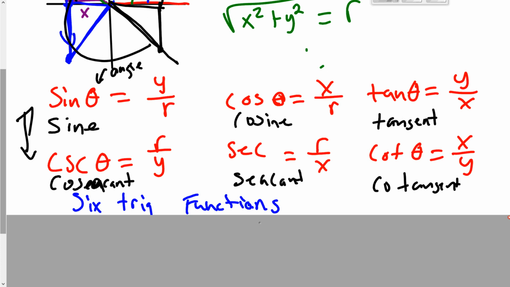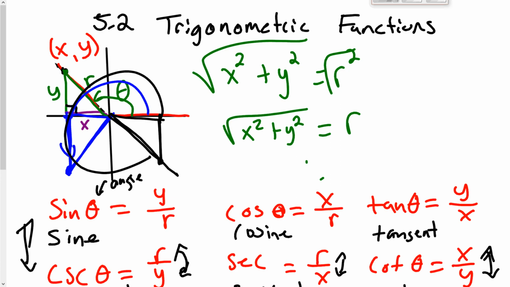And you notice that the difference between these is just that I flipped my fraction here, here, and here. What do we call it when we just flip the fraction? Well, that means reciprocal, right? So sine and cosecant are reciprocals. Cosine and secant are reciprocals, and then tangent and cotangent.